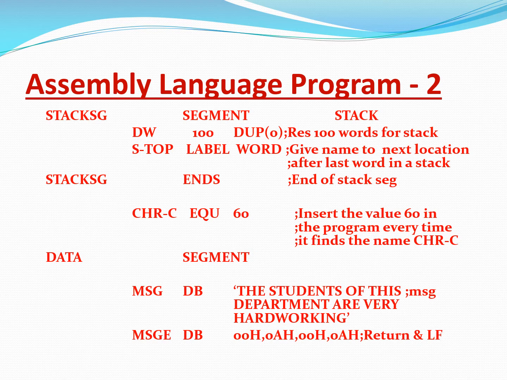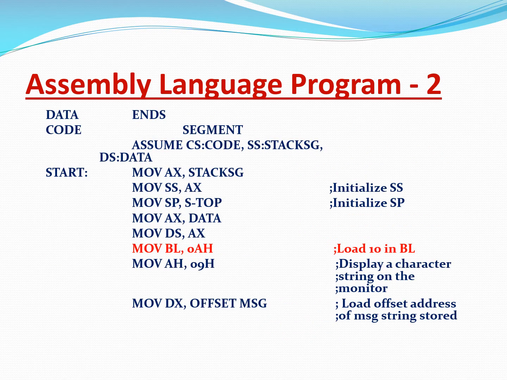Message end, MSGE, DB. The message ends with 0DH, 0AH, 0DH and 0AH. These are the codes for carriage return and line feed, and we have given them twice just to ensure that the cursor comes onto a fresh line. Data ends. Here is the end of the data segment.